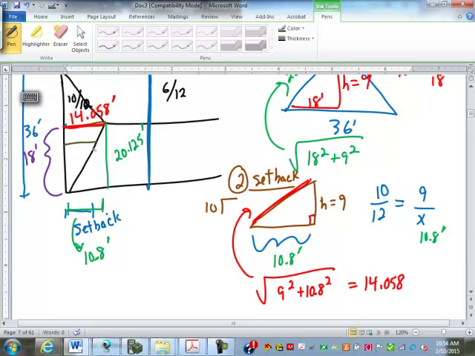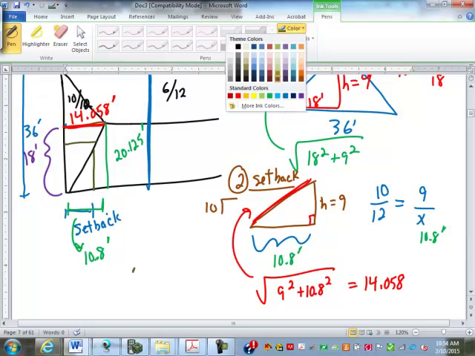So now we're going to go in each direction. We're going to find that next longest jack in each direction. So I'm going to do the main roof side first, and then I'll do the hip roof side.